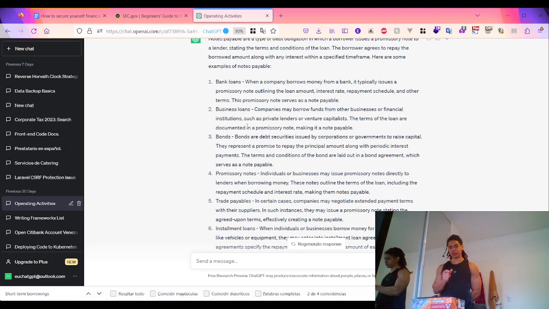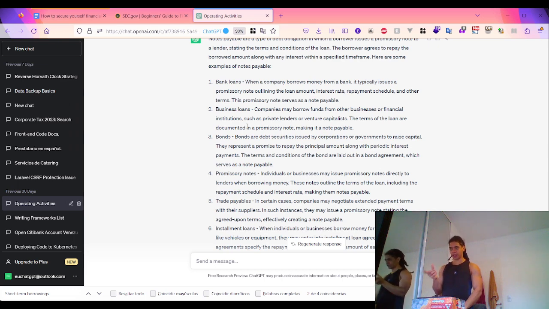Business loans are when the company wants to borrow funds from other businesses or financial institutions, like private lenders or venture capitalists. Bonds are debt securities issued by corporations or governments to raise capital, and they promise to repay the principal amount along with periodic interest payments.